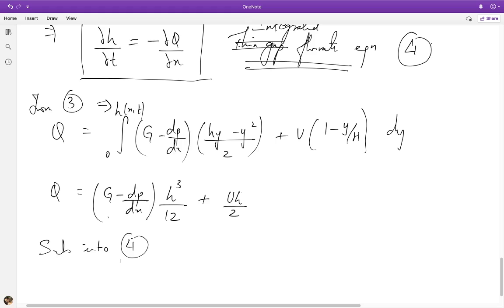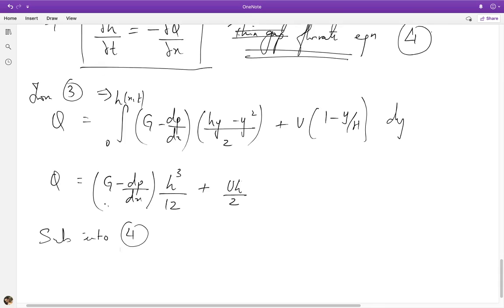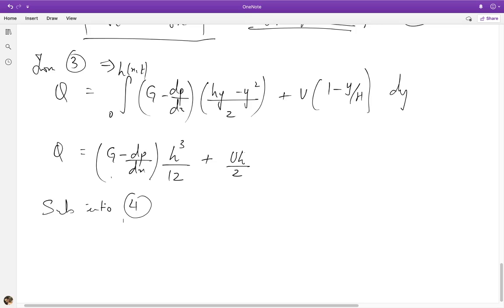And that would then give me an equation for pressure. So let's write that down. Again, take a second and work it out for yourself. So remember, it's minus ∂q/∂x is equal to dh/dt.